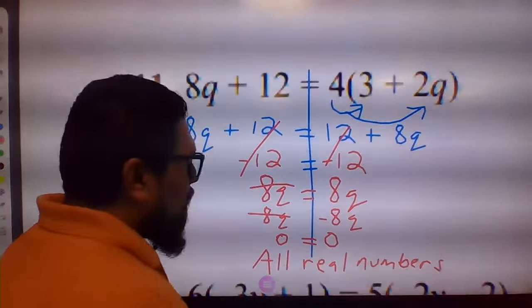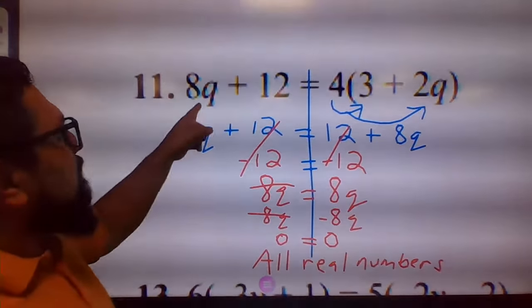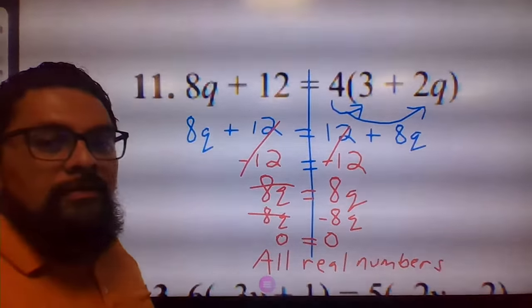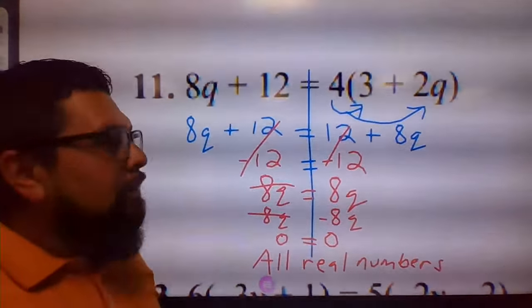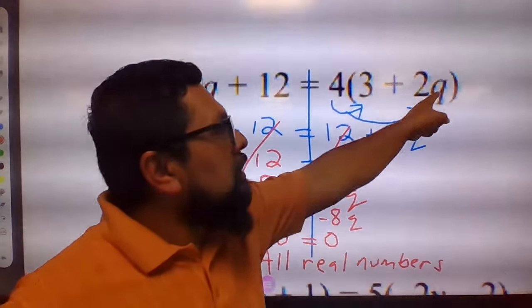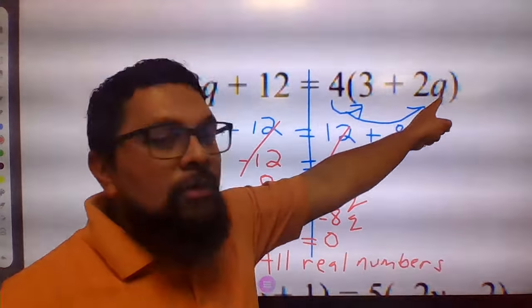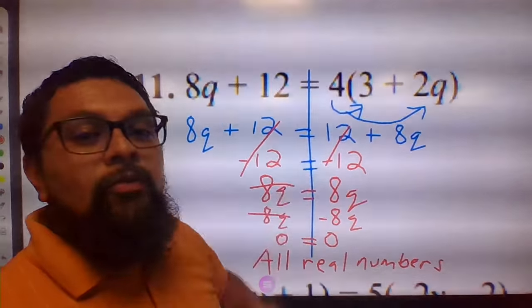Okay? So let's check it out. Let's find out. Let's see. So let's put 0 for q. What's 8 times 0? 0. And you're left with 12. Okay? 3 plus 2q. So if we put q as 0, 2 times 0 is 0. You're left with the 3. 3 times 4. What's 3 times 4? 12.